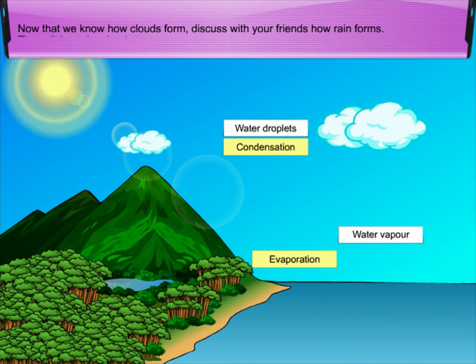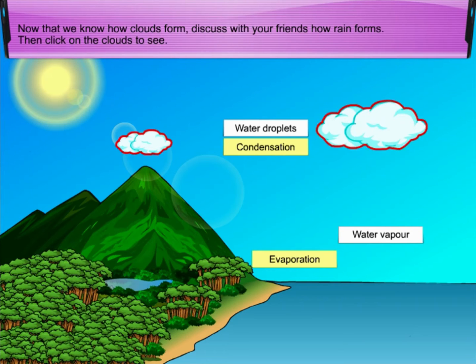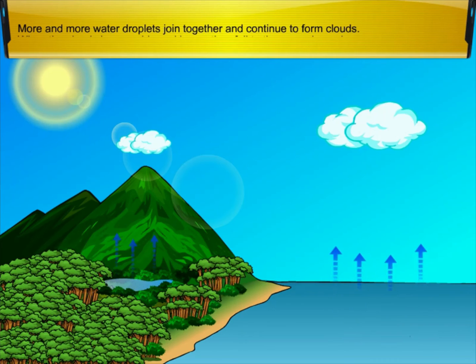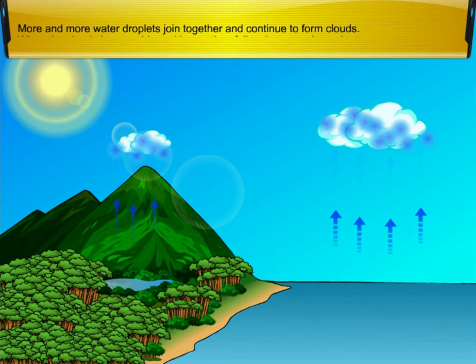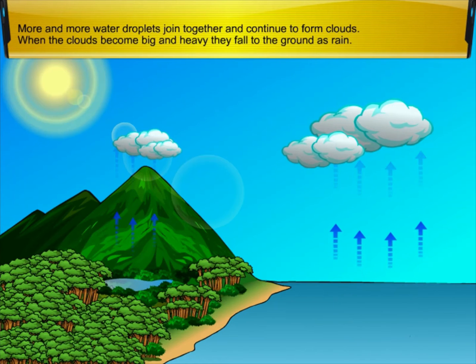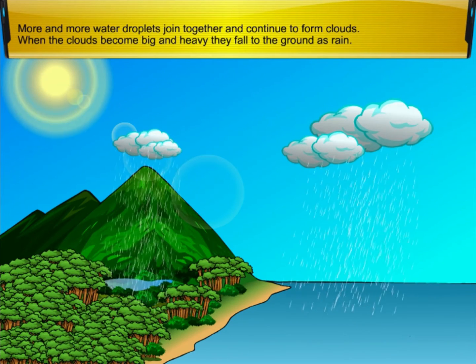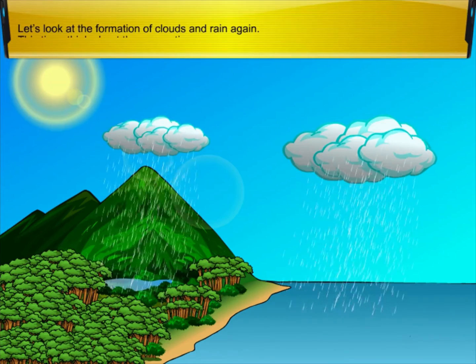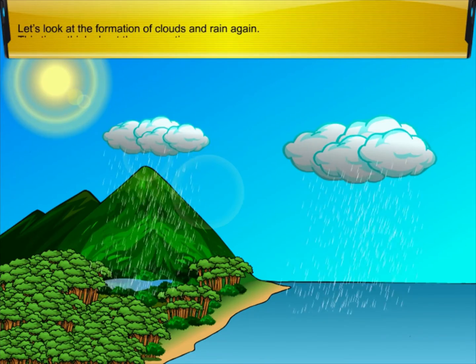Now that we know how clouds form, discuss with your friends how rain forms. Then click on the clouds to see. More and more water droplets join together and continue to form clouds. When the clouds become big and heavy, they fall to the ground as rain. Let's look at the formation of clouds and rain again.